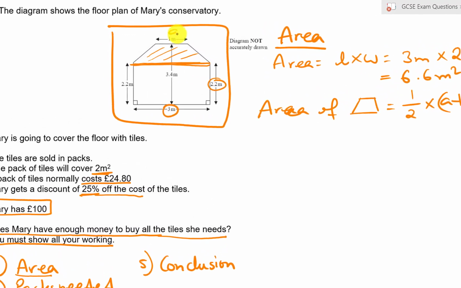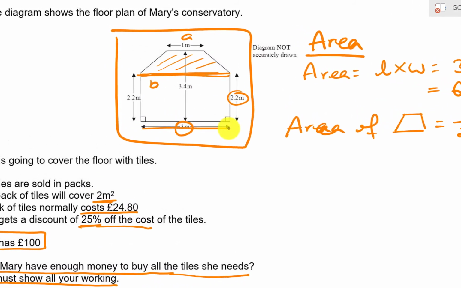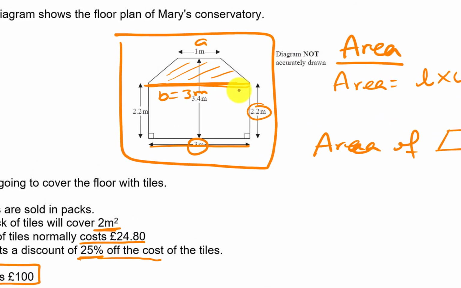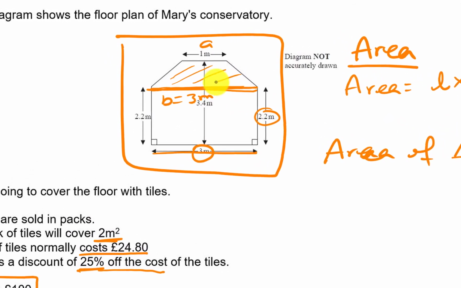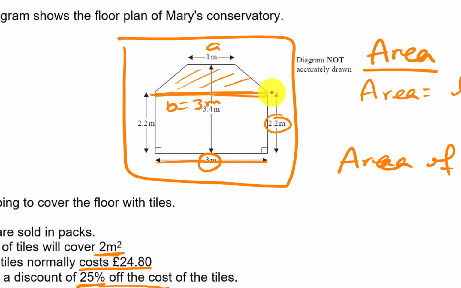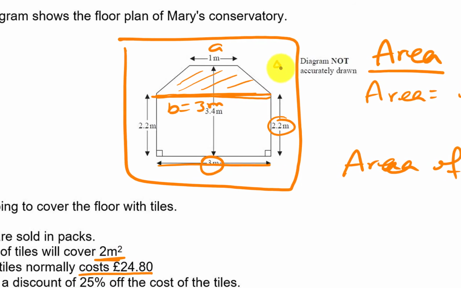So we can say this is A, this part is B, so B is the same as 3 meters. And the height, the total height of the shape is 3.4 from here. So up to here the rectangle is 2.2, so the rest of it we can say is 1.2 meters.